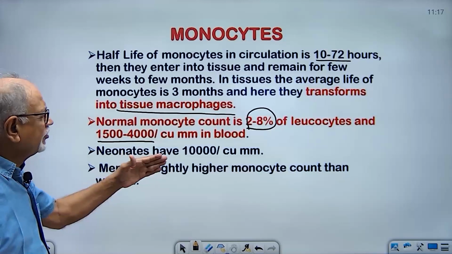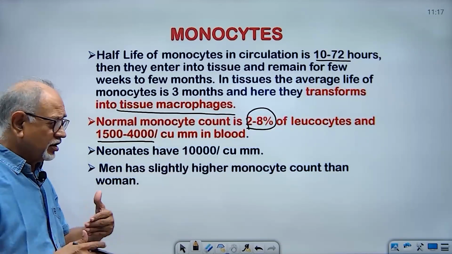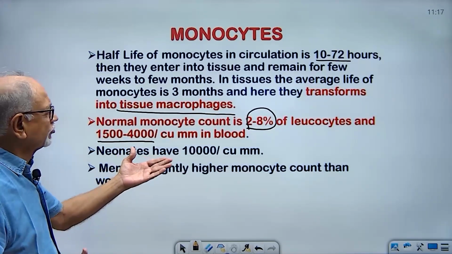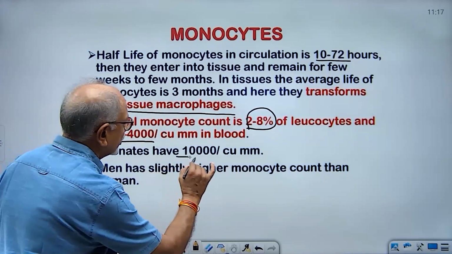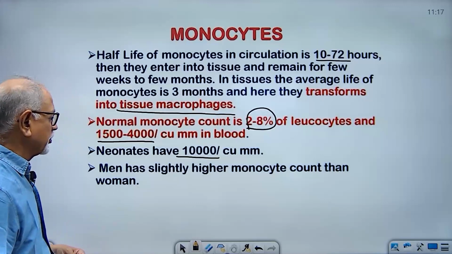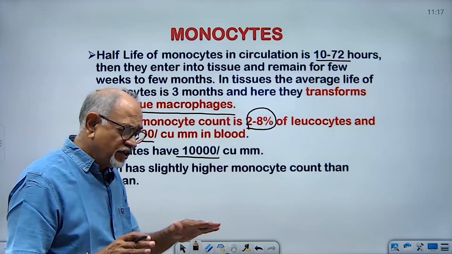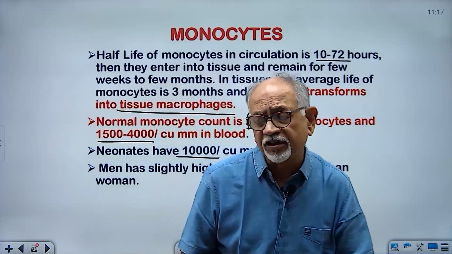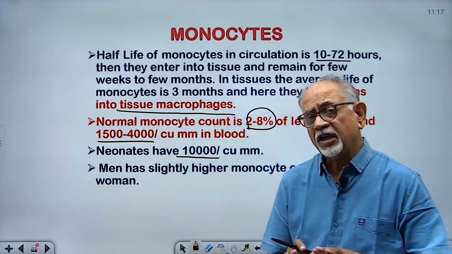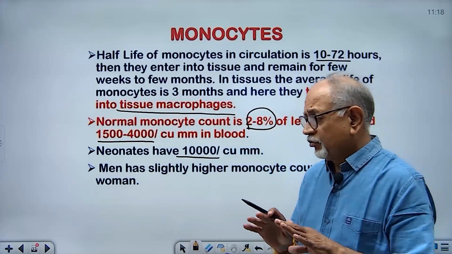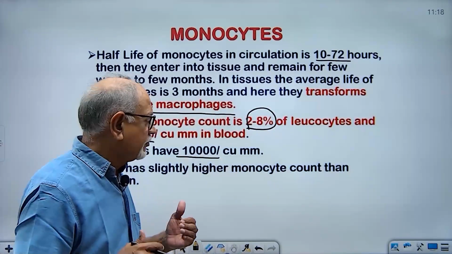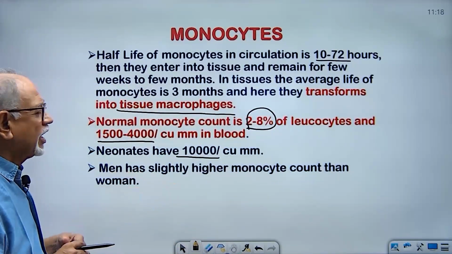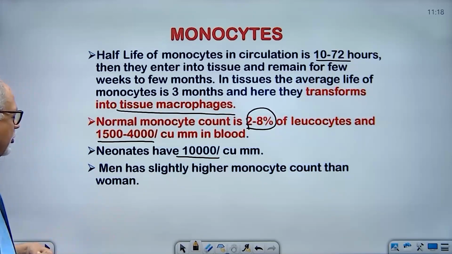Now neonates have a greater number of monocytes as compared to adults, that is about 10,000 per cubic millimeter. Now there is a difference in the monocyte count in male and female. So in case of men, the number of monocytes is more as compared to women.